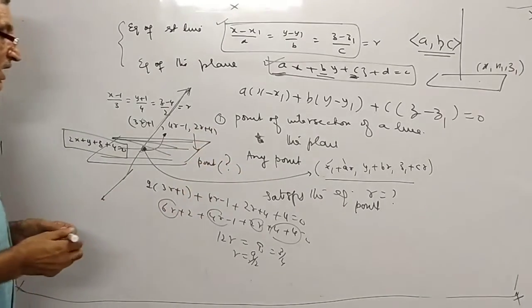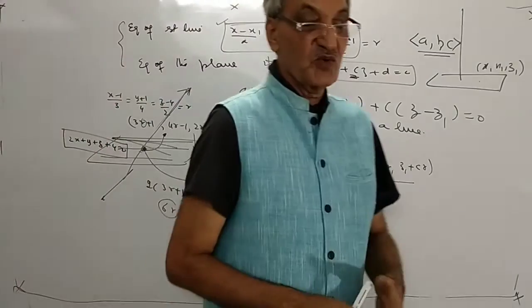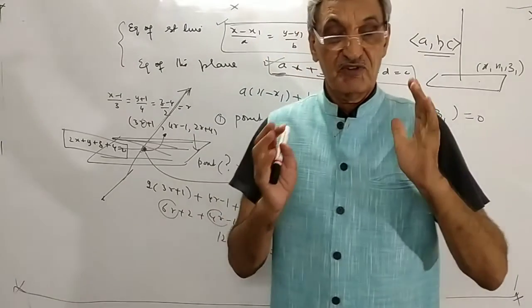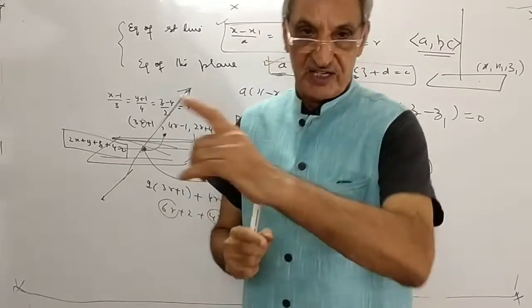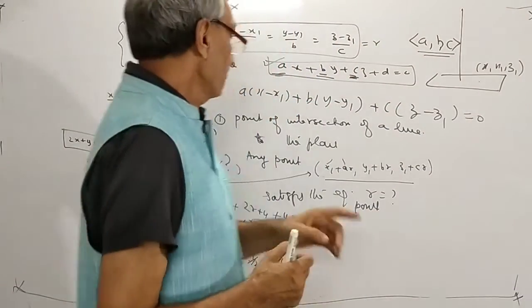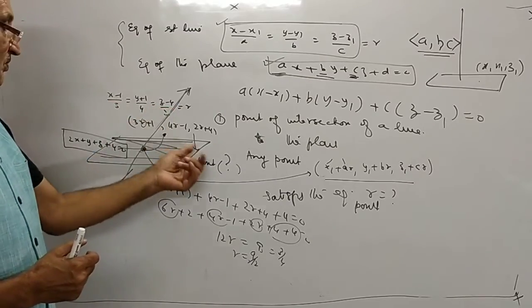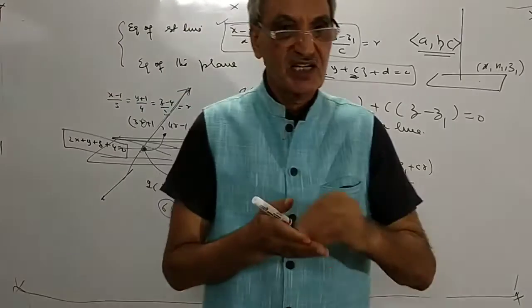In the examination, suppose he has given the line and the plane and you want the point of intersection, or he has given the point of intersection and you don't want to go through all this, there is a trick. The point must satisfy the equation of the line and also the plane.